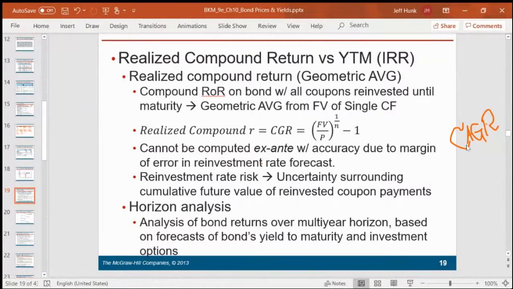So this A is not a fixed term; it can be any compounding frequency. But at least CGR, compounded growth rate, is a correct expression.